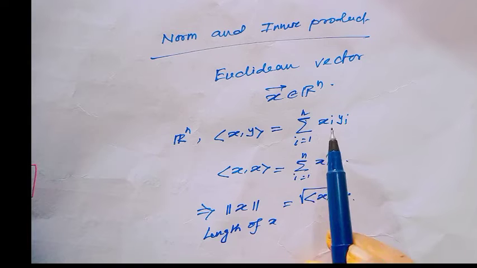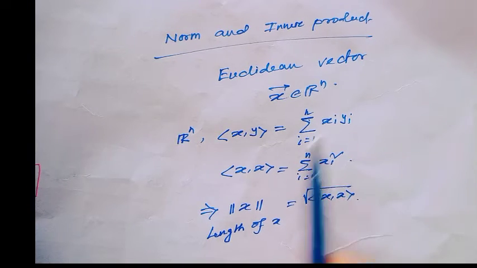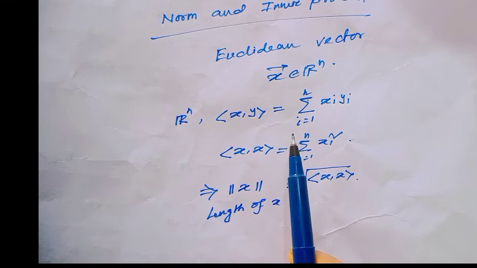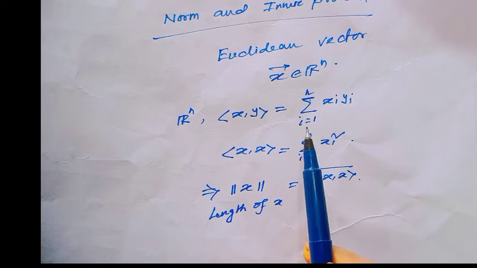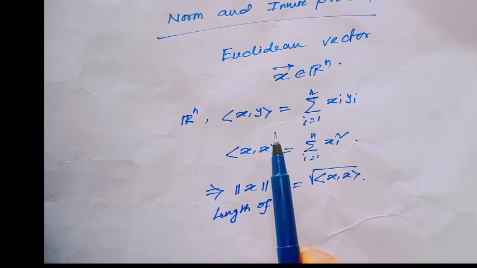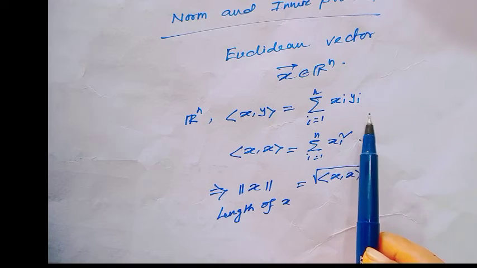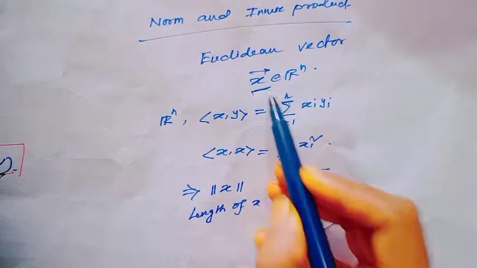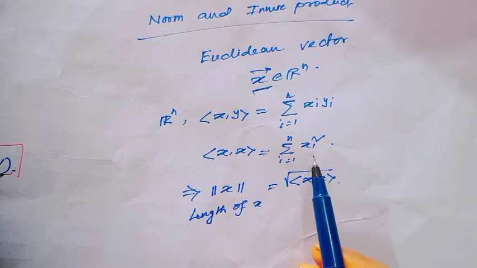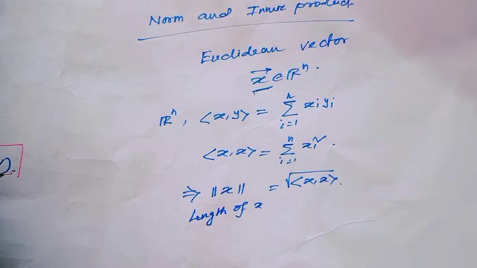The actual idea of norm is: if we consider the Euclidean vector x in Rn, then all of us know the standard inner product in Euclidean space is of this type: inner product of x comma y equals summation i equals 1 to n of xi yi. The length of this vector would be given by the inner product of x with itself, which is summation i equals 1 to n of xi square.